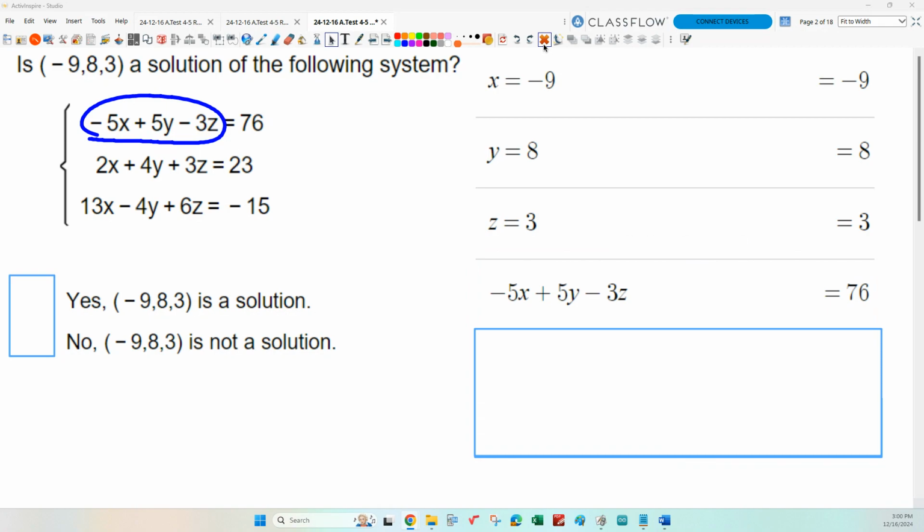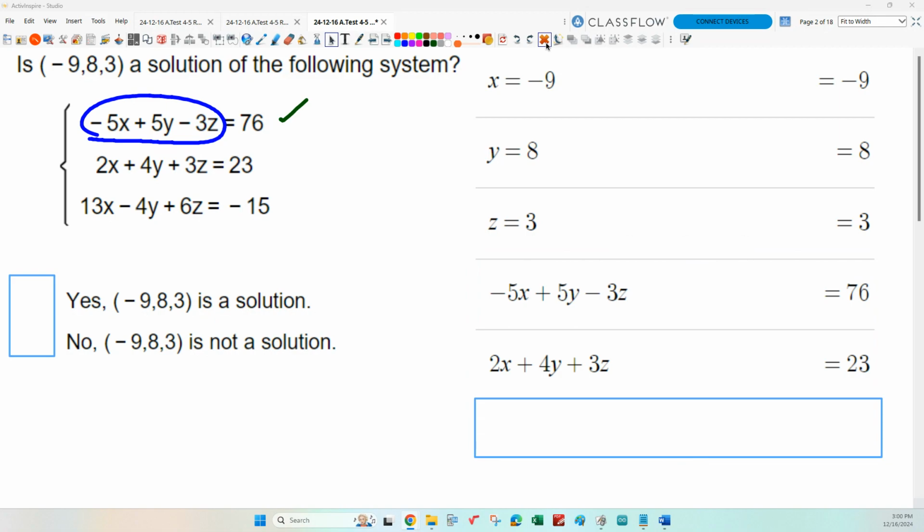So it checks, right? So the first equation checks out. Second equation, I don't have to do anything different. I just go down and type in the left side of the second equation, and it tells me that its value, when these are the variables, is 23. So it checks out.